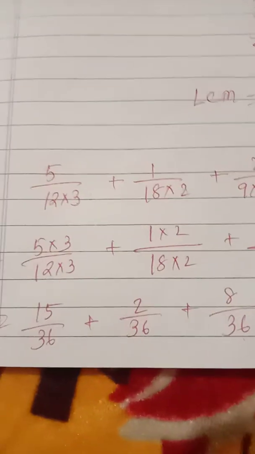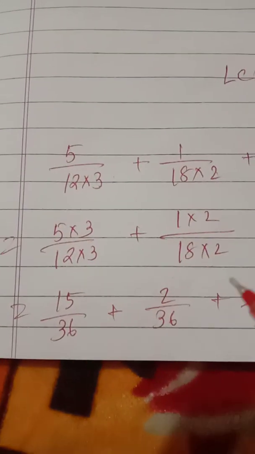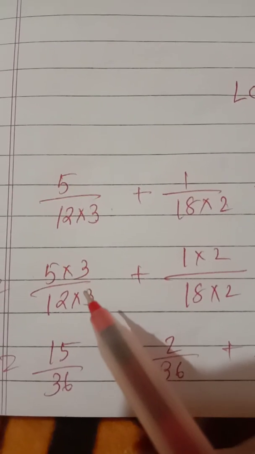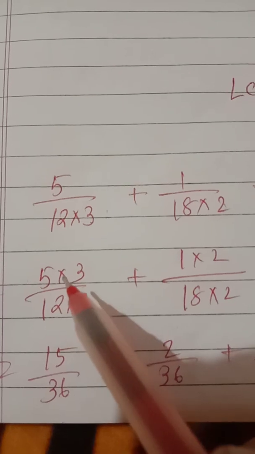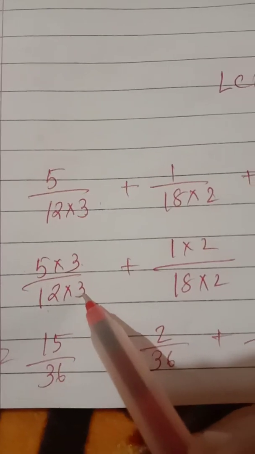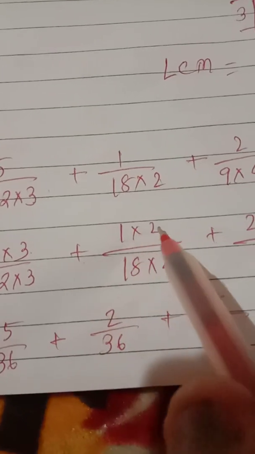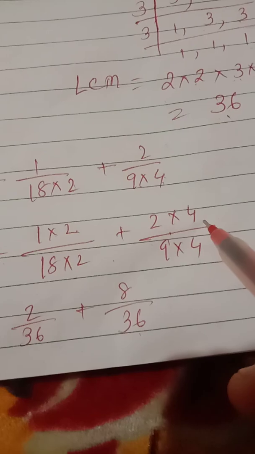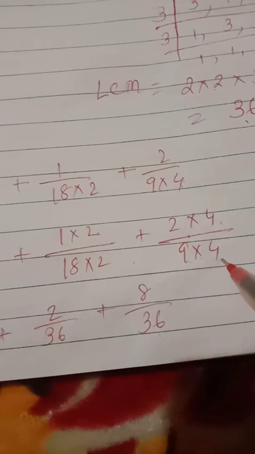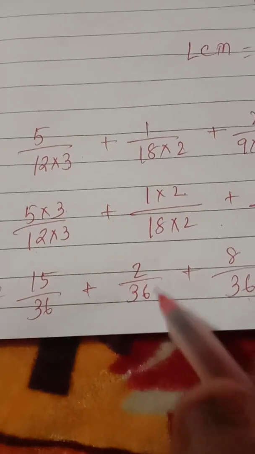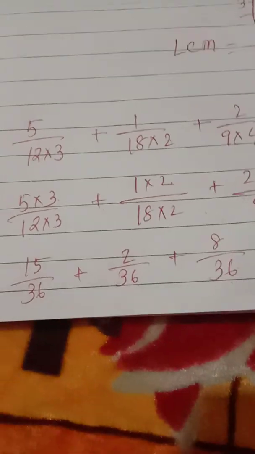So now whatever quotient came, I will multiply this number with both numerator and denominator. So 5 multiply 3 and 12 multiply 3, plus 1 multiply 2, 18 multiply 2, plus 2 multiply 4, 9 multiply 4. So it will come 5 3s are 15 upon 36, 2 upon 36 plus 8 upon 36.